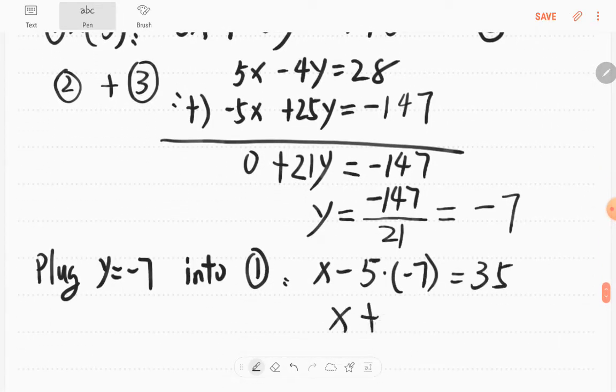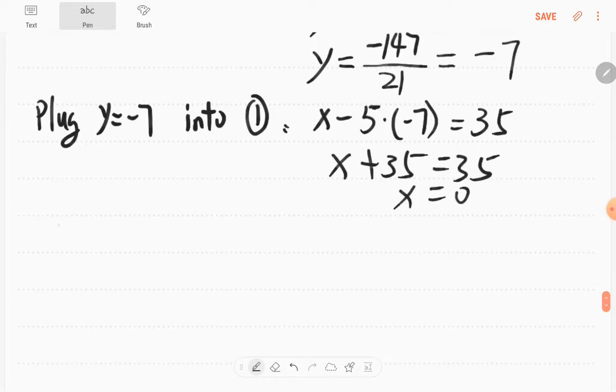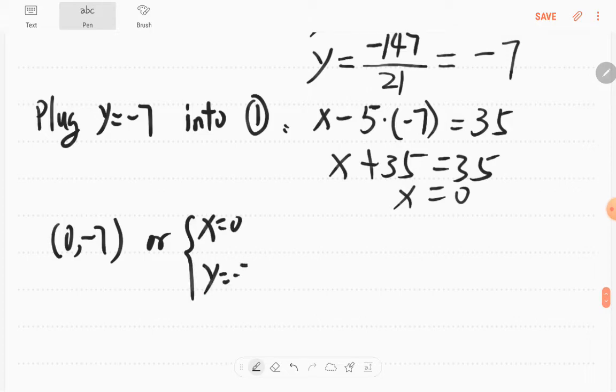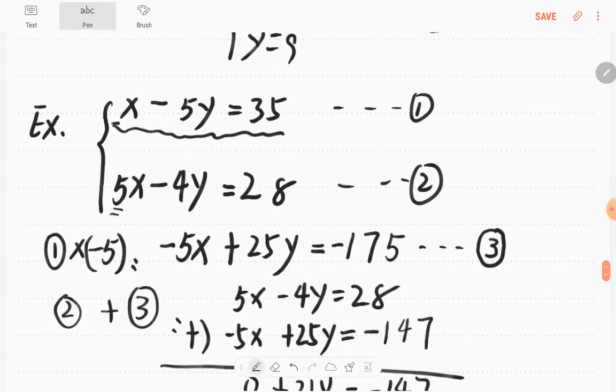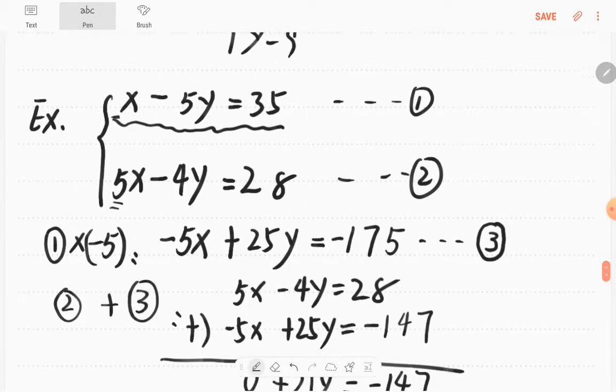So x plus 35 equals 35, so x equals 0. So x equals 0, y equals negative 7 is the solution. If you don't believe it, you just plug into these two equations to see if 1 and 2 are satisfied at the same time.